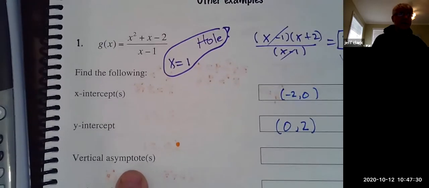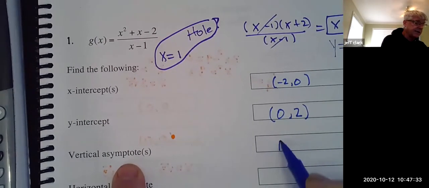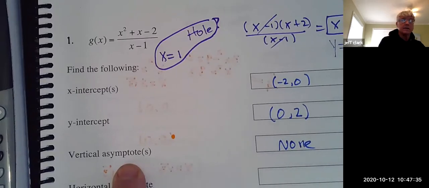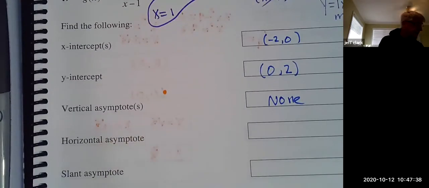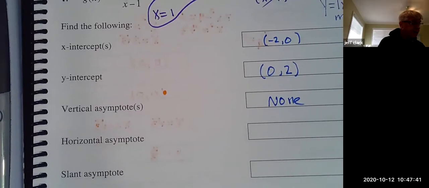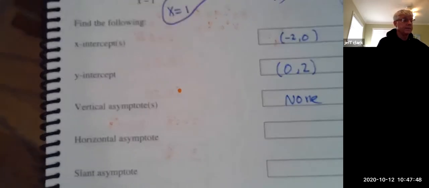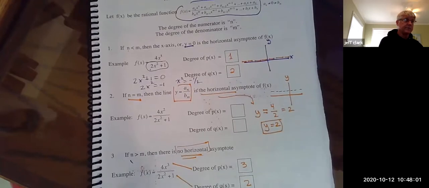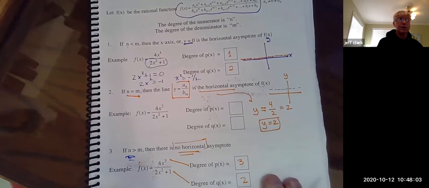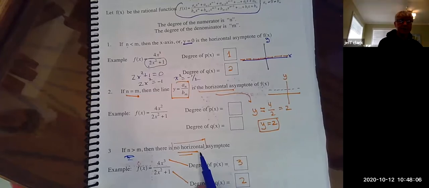Since there's a hole, there is no vertical asymptote, so you might say none. Any horizontal asymptotes? Back to your rules. The degree at the top is bigger, so there is no horizontal asymptote.